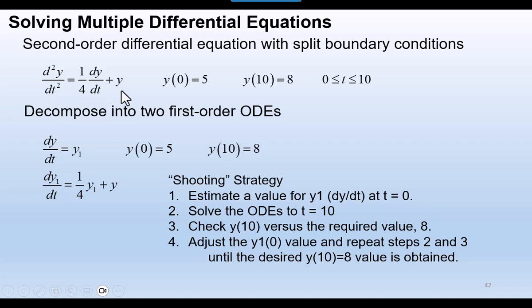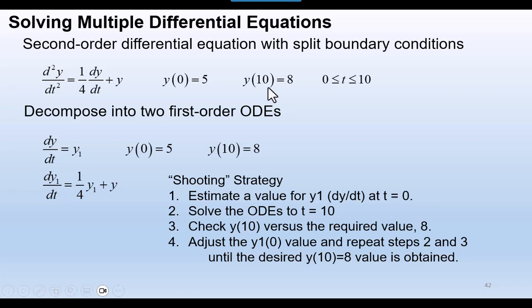The second curveball is that in order to solve an equation like this, you need two conditions, and typically two initial conditions. But what we've said here is we have an initial condition for y, and instead of an initial condition for the derivative, we have a requirement for a condition of y when t equals 10.